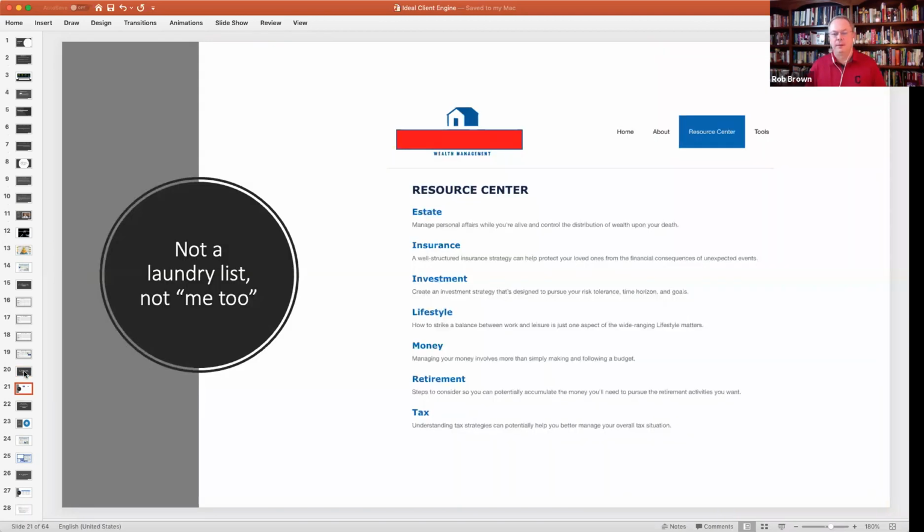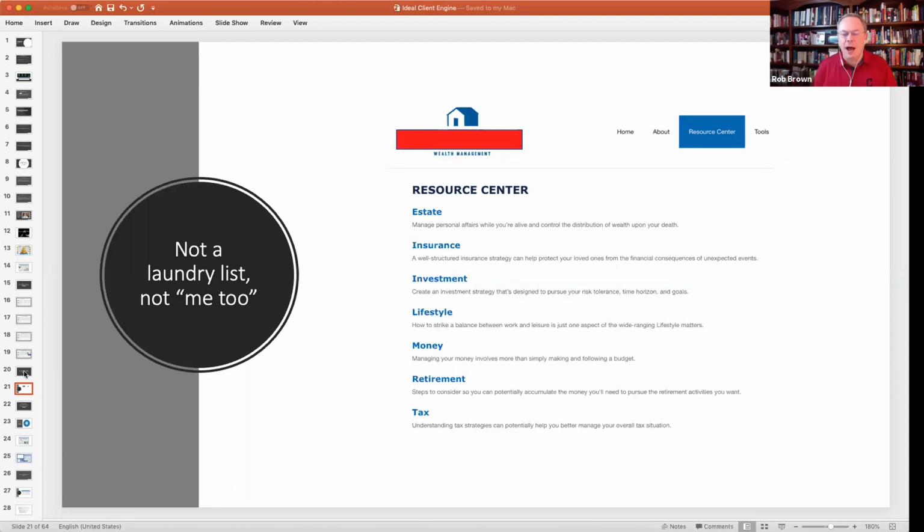All too often, when advisors and planners are putting together their unique client proposition, they just create a laundry list that looks like a page from a website that just lists all the things that you can do. That is not a unique client proposition. A unique client proposition describes how you help your ideal clients get from their point A to their point B, how you help them move through the roadmap of your business.